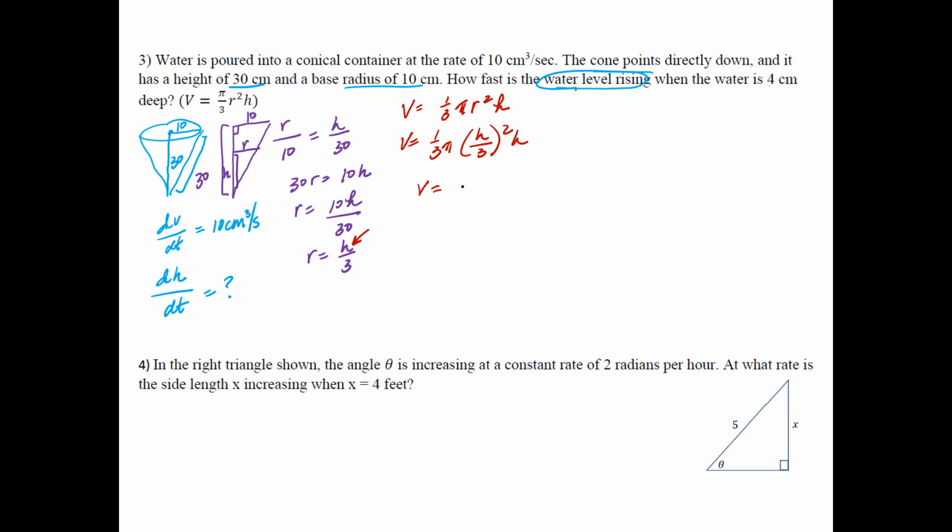So volume is equal to height cubed over 3 times 3, or actually in this case, it'll be 9. 9 times 3 is 27 pi. Or volume equals pi over 27 height cubed.